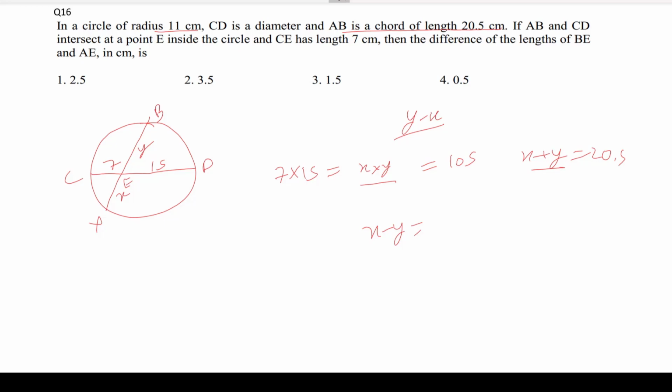But let's just guess this value 10. So there is 0.5, 10 into 10.5, 105. So the value will be 10 into 10.5. So the difference will be 0.17.